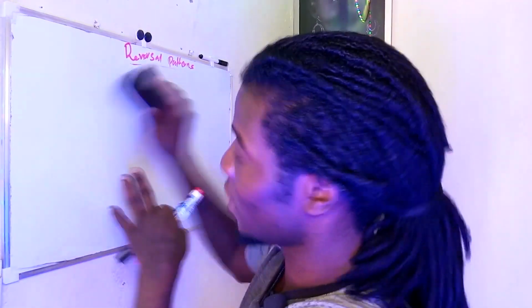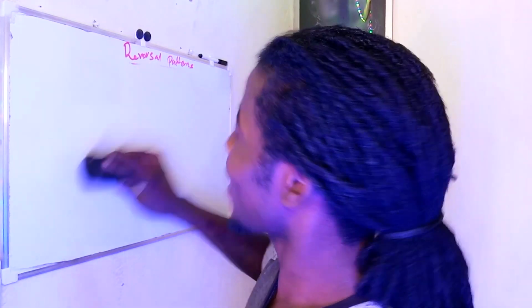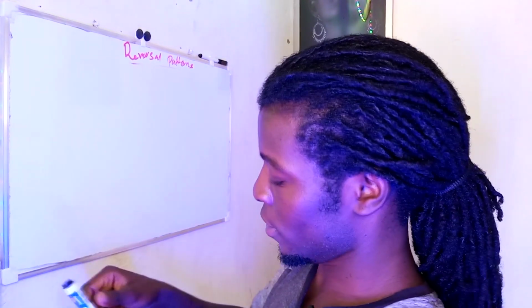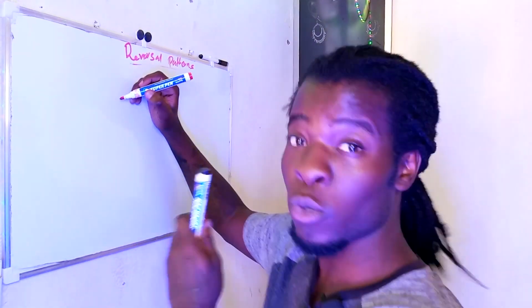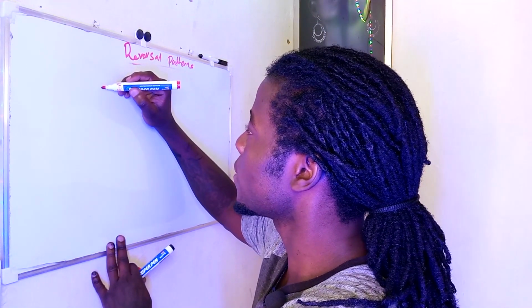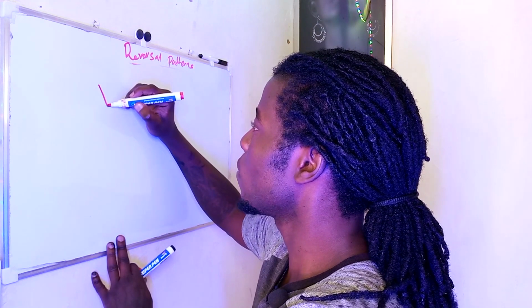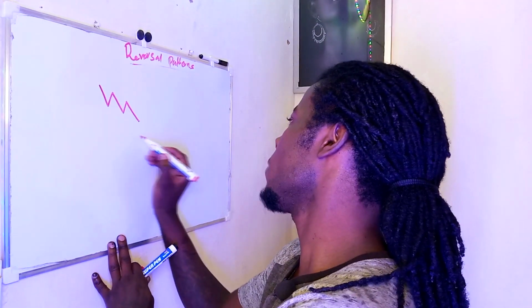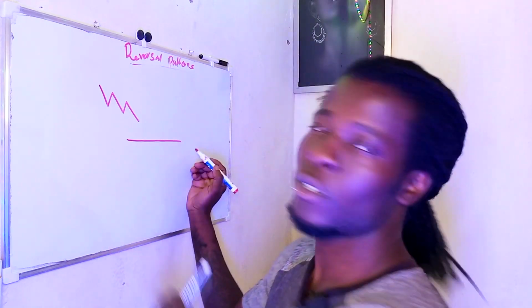Then we have the inverse of that rising wedge. This one is called a falling wedge. Let's do this. The market is in a downtrend, of course. The market is giving us lower low, lower high, lower low, lower high, lower low. So let's say that we have our support zone over there.